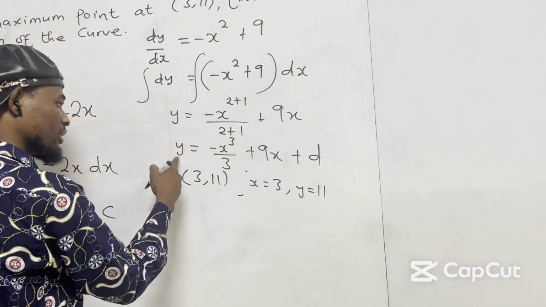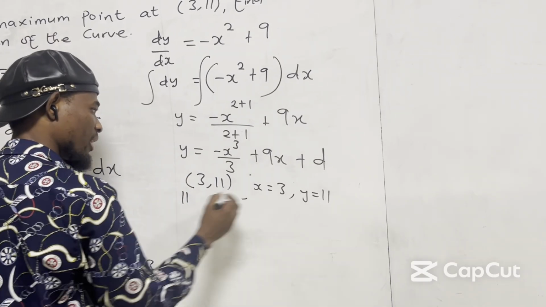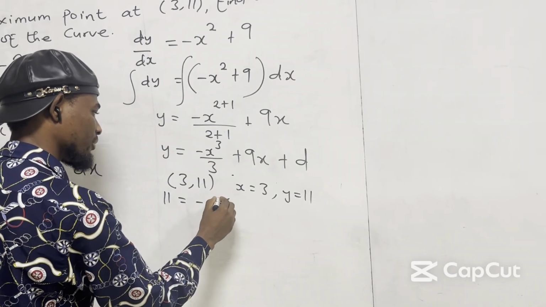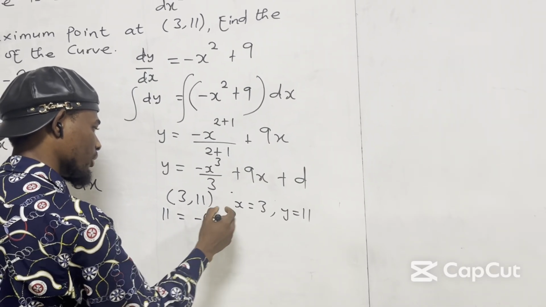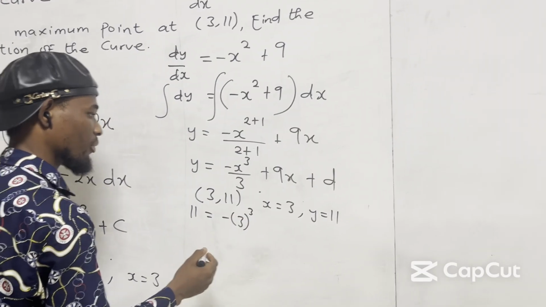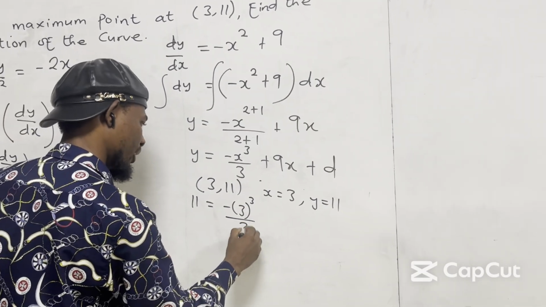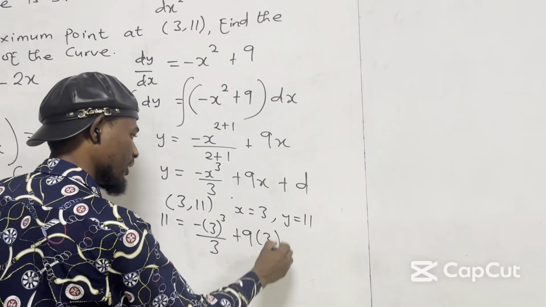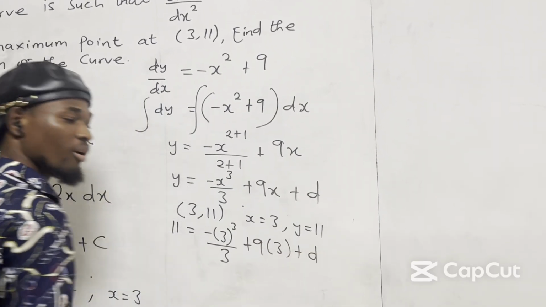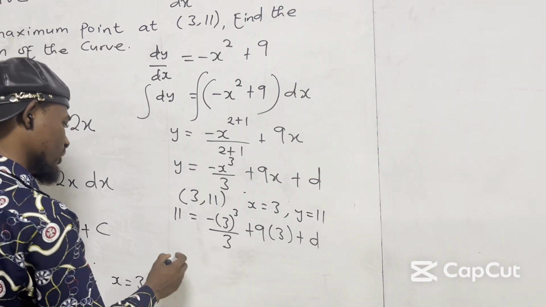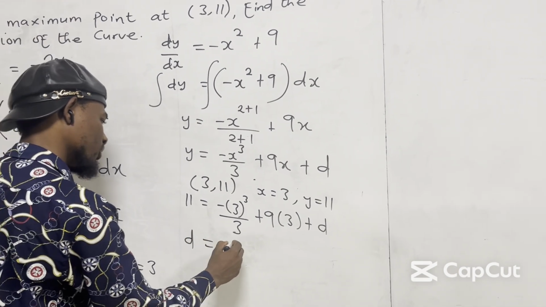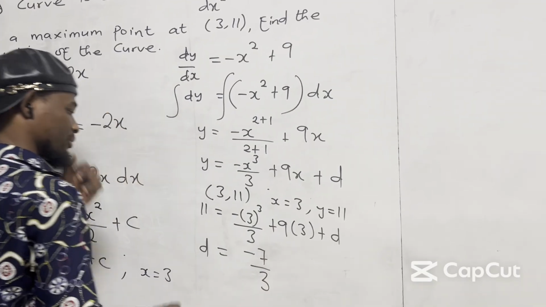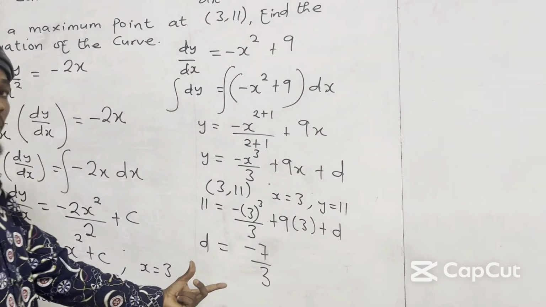So I have y, which is 11 from here, is equal to negative 3 raised to the power 3 all over 3, plus 9x, which is 9 times 3, plus my constant of integration. So therefore, d is equal to negative 7 over 3. So this is how simple it is.